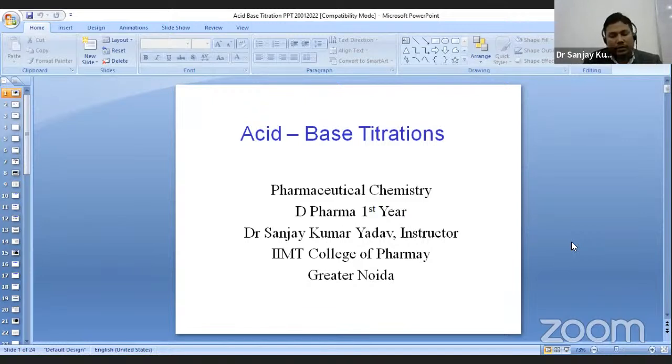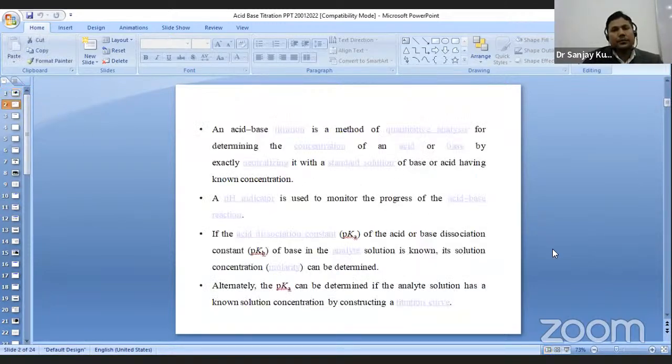Before going into detail, here you can see what acid-base titration is.